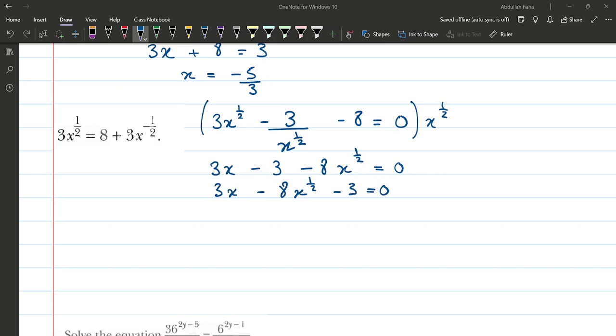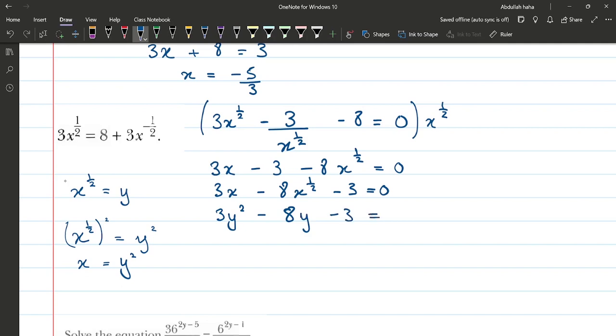So x to the power half can equal y. If I square both sides, this equals y squared, so x is equal to y squared. So I can rewrite this as 3y squared minus 8y minus 3 equals 0.